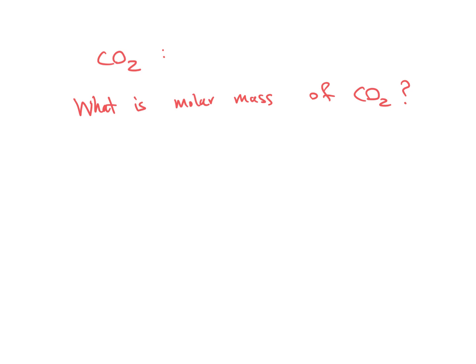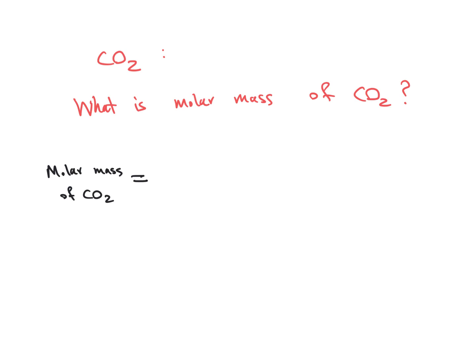Exactly, adding AMUs. For each element, molar mass was equivalent to atomic mass, but the unit was different, right? Here's the same thing. Molar mass of CO2 would be its formula mass, but the unit would be gram per mole. So how do you solve this? Molar mass of CO2 equals... How did we calculate formula mass?